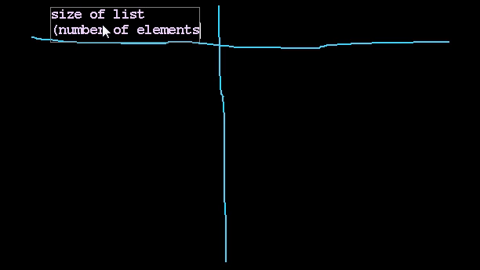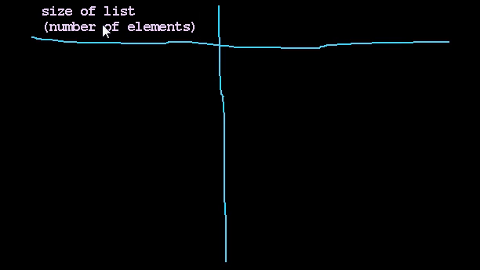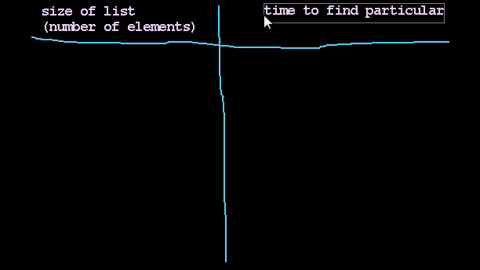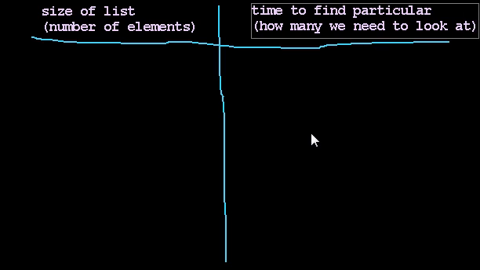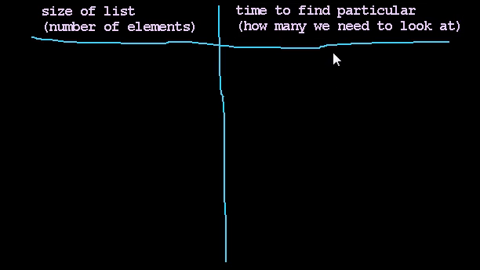And what I want to determine, based on the size of the list, is how long, the time to find a particular element. Another way of putting that is how many elements do we need to look at before we find the one that we're looking for?